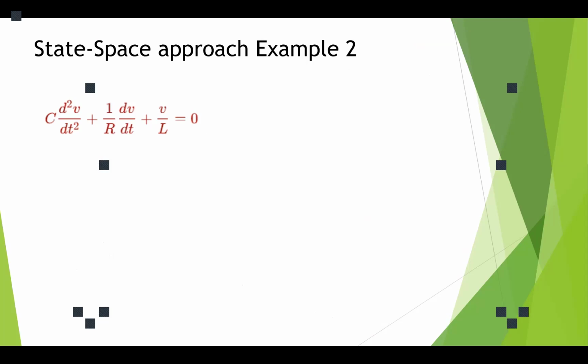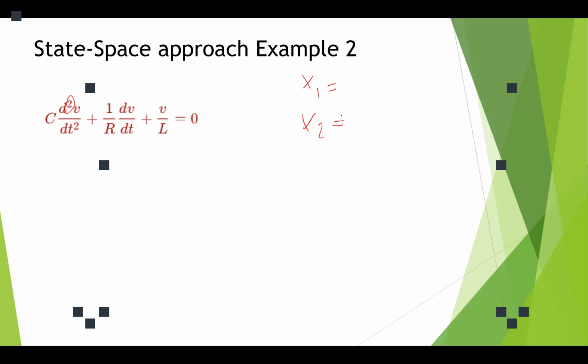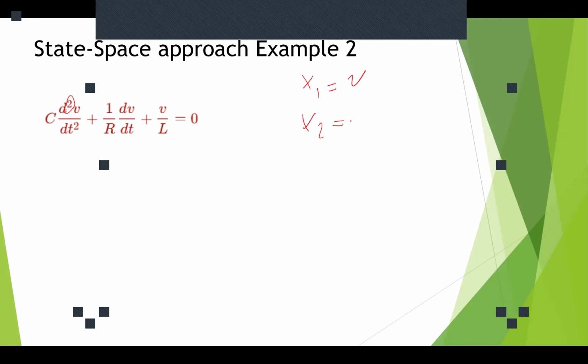What that means is that if this is second order, we are going to have two state variables, x1 and x2. How could we define that? So we have two independent state variables. We define x1 as v and x2 as v dot.